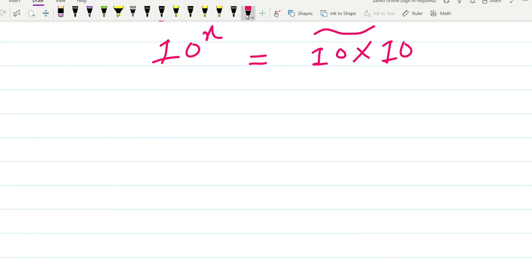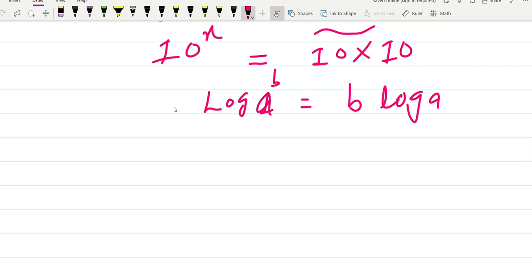Now we will solve this question by using logarithmic expressions. Okay, so there are two formulas: log of a power b is equal to b log of a.